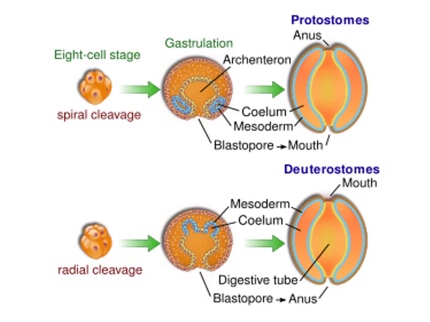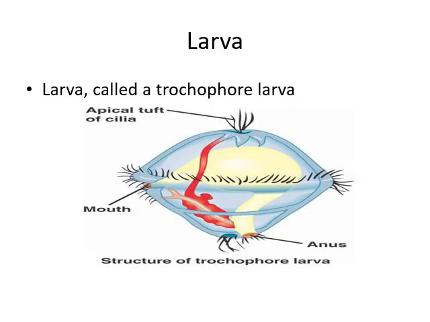In the upper diagram you see the archenteron is in the center. So this archenteron will form the outpocketing, and this outpocketing will continue and form the coelom. Then you see the mouth, then the digestive tube, and the blastopore converts into an anus. This is the feature of deuterostome animals.